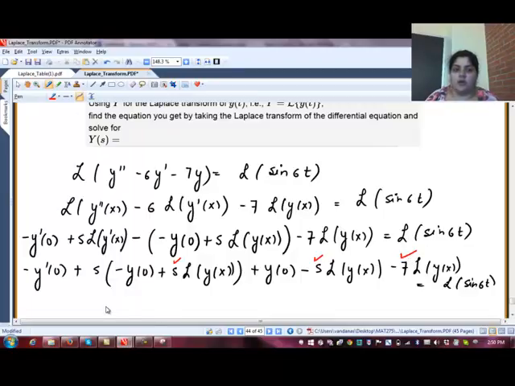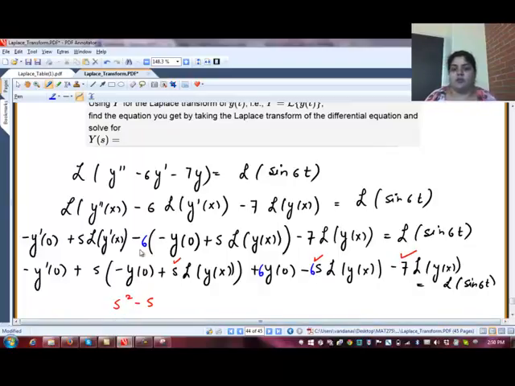Okay, so I get here s square minus s, and I didn't multiply it by 6 here, right? So I missed the 6 outside this bracket, so that way we will have a 6 here and we will have 6 here, correct?